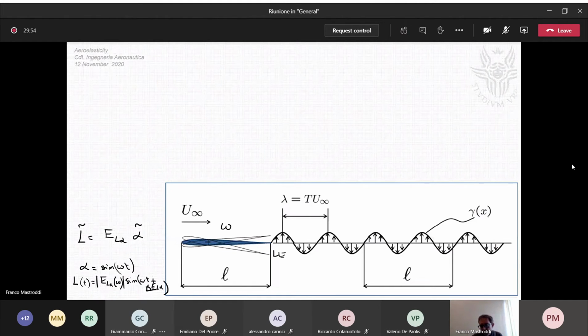In your basic aerodynamic course, you have gamma, and gamma is essentially delta phi, the jump of the velocity potential. But this delta phi is a steady quantity, and this steady quantity is shed on the wake, and then the wake, just like a tapis roulant, is able to transport this delta phi, as you know, downstream. Okay. So I have a mechanism of transport of the vorticity in the wake discontinuity, and a generation of this oscillating quantity by the airfoil moving with omega.